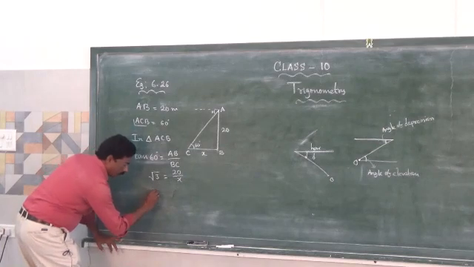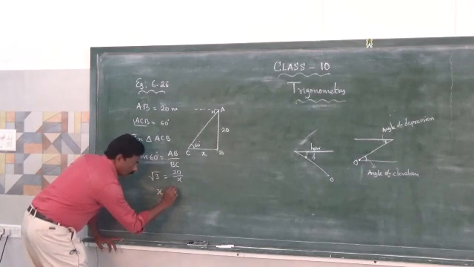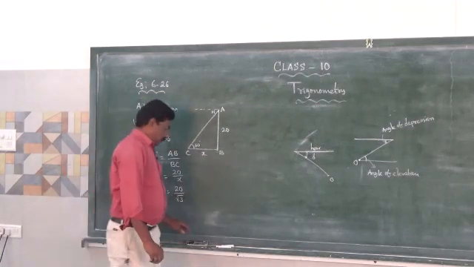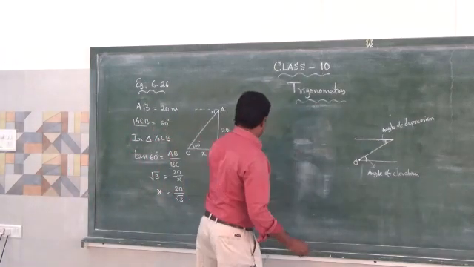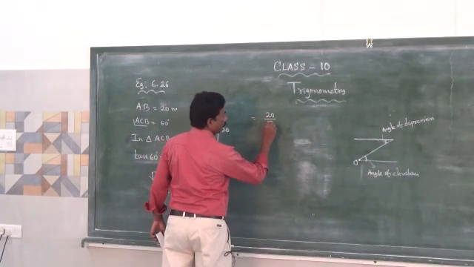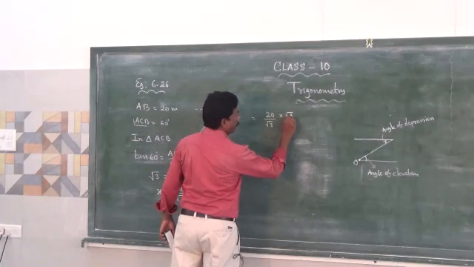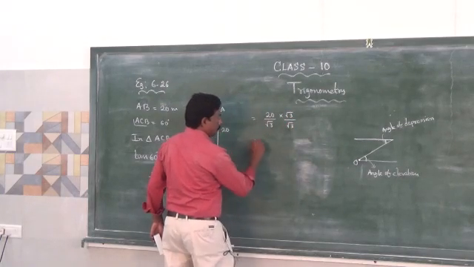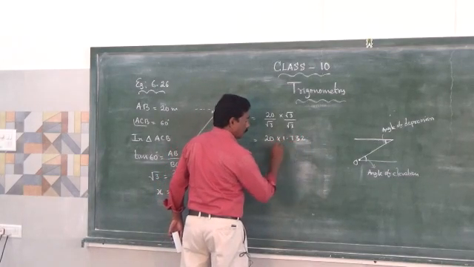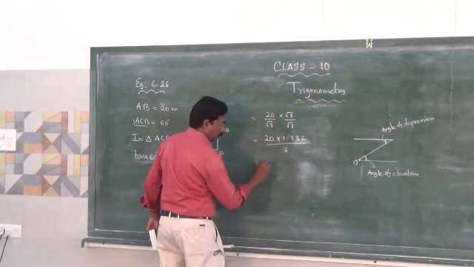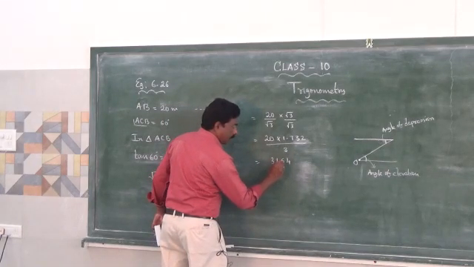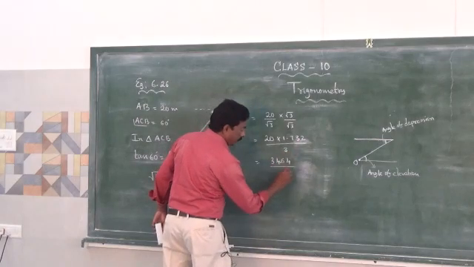So when you cross multiply, x is equal to 20 by root 3. So multiply both sides by root 3. You will get 20 root 3 by 3. Root 3 value is 1.732. So when you multiply, you will get 34.64 by 3.